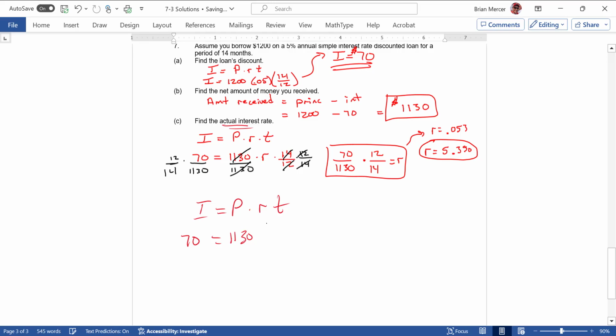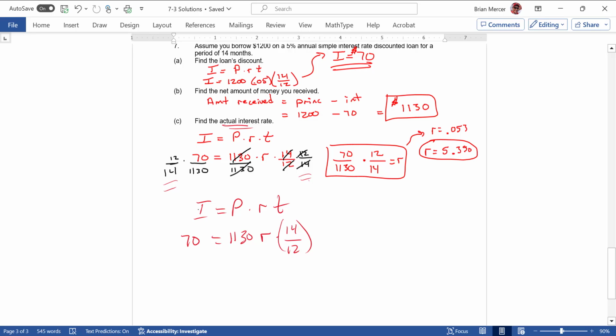The R is what I don't know, and the T is that 14 twelfths still. And so all we did just to solve this, what's written in black, is multiply both sides by 12/14. That's the little fraction work that gets rid of this.